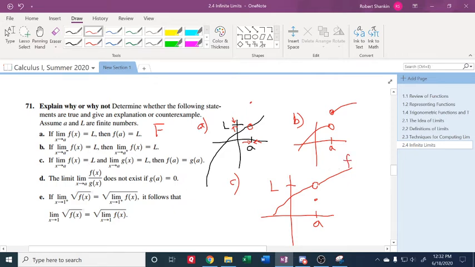Now, g, let's draw that with a different color. G could be something that has to go with this, but G could also have an open circle. And its height at that point could be something different. And then here is g of a, while here is f of a.